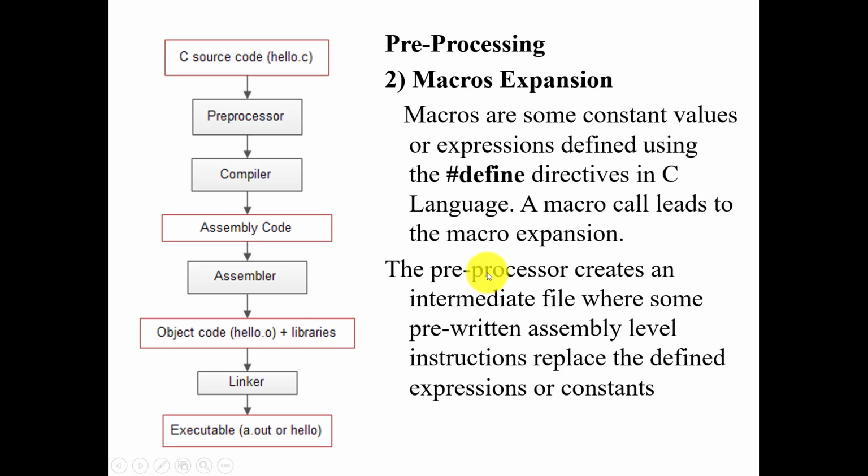The responsibility of the preprocessor is to create the intermediate file where the macro is replaced with the defined expression or constant, which is called macro expansion. So we replace the formal parameter with the actual parameter. That is the job of pre-processing, or macro expansion.